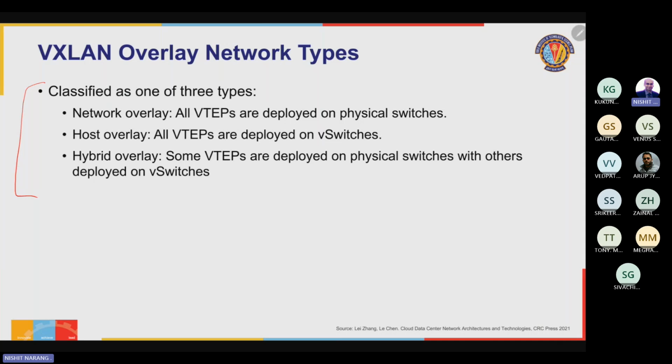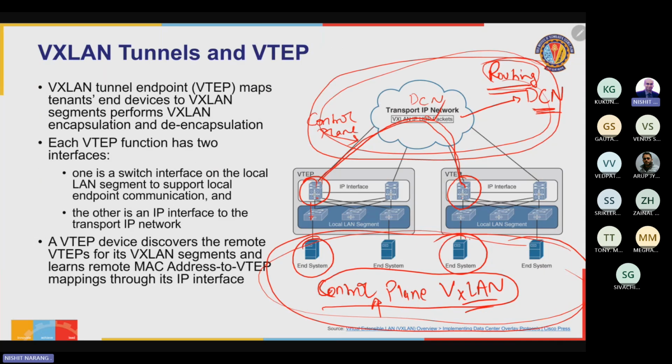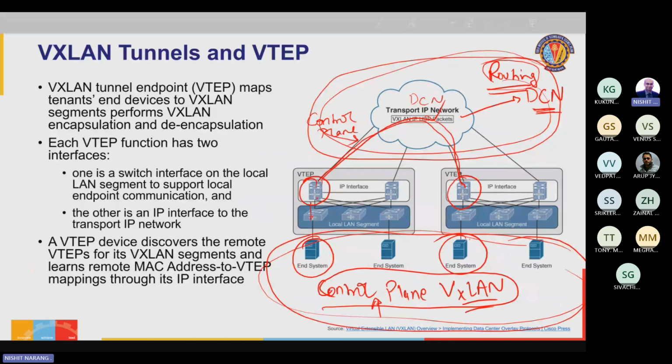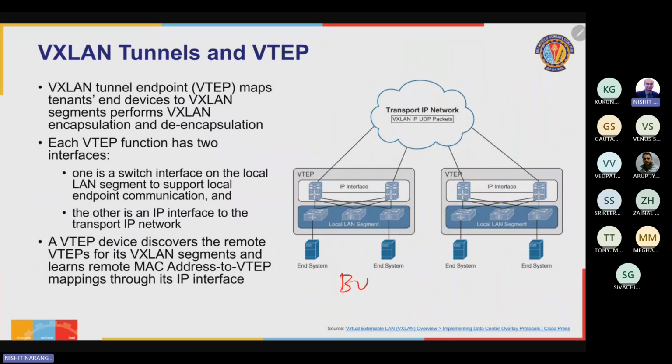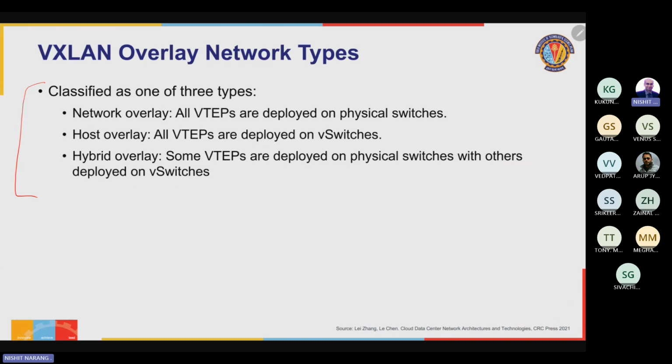The overlay network that I showed you, where the VTEPs were all on physical switches, with a branch office connected to a head office via the internet, is called a network overlay. Network overlay means all VTEPs are deployed on physical switches.